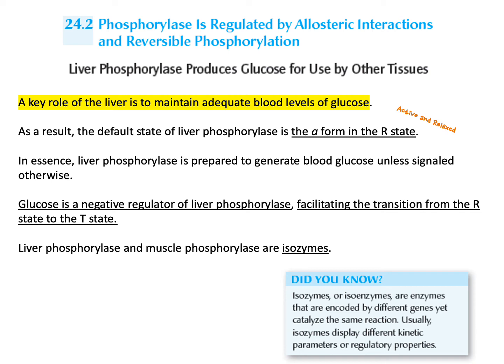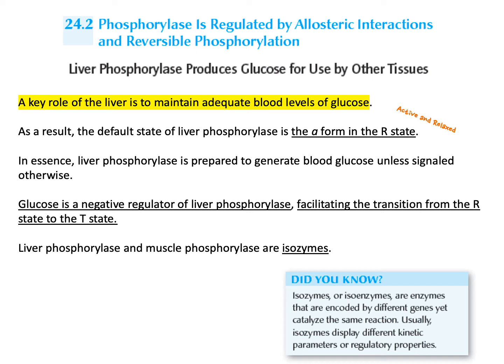Glucose is a negative regulator of liver phosphorylase, facilitating the transition from the R state to the T state, which is easy to understand because the liver intends to maintain a stable level of glucose.